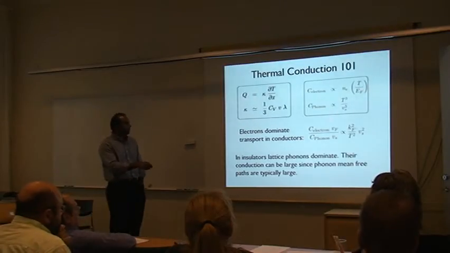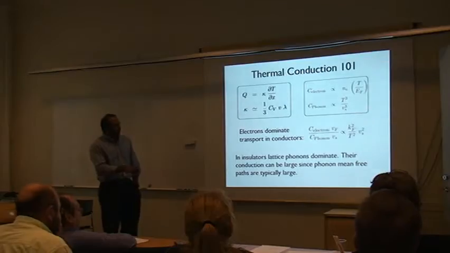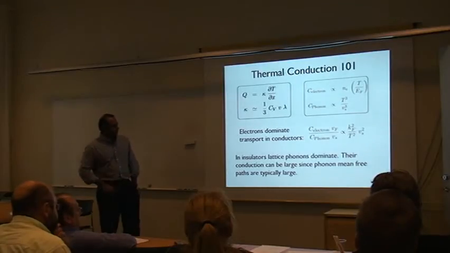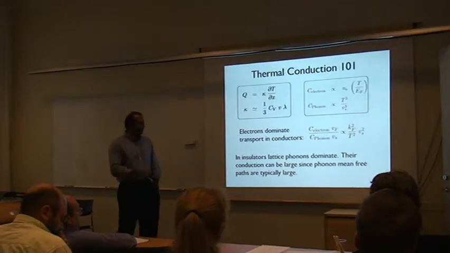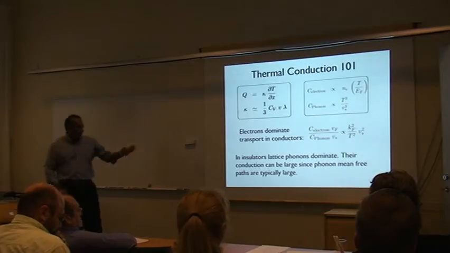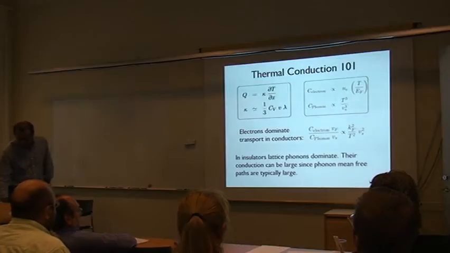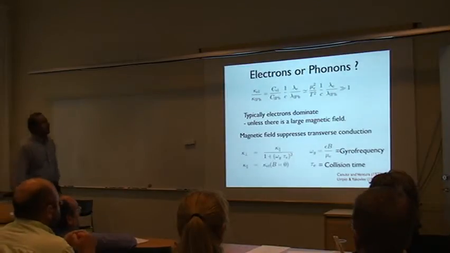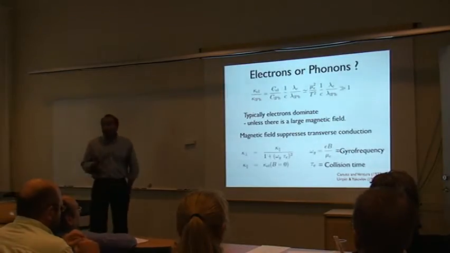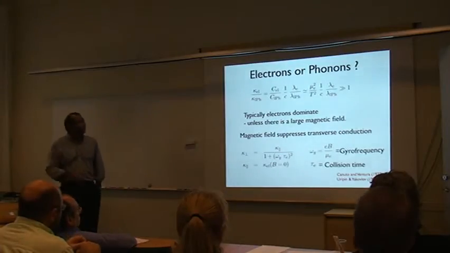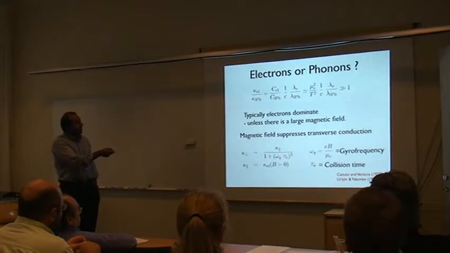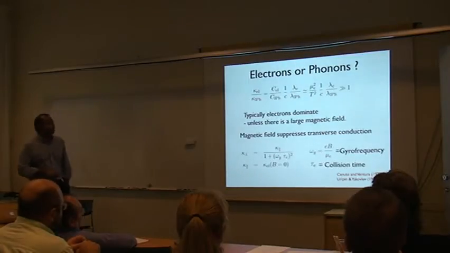So if you just take this ratio, you end up with a number that's the Fermi velocity of the electron squared over T squared times the velocity. So unless it's an insulator, the electrons will usually dominate. But it's important to keep in mind that the phonon mean free paths are typically very large compared to the electron mean free paths. So if we ask this question, do electrons dominate under all circumstances?